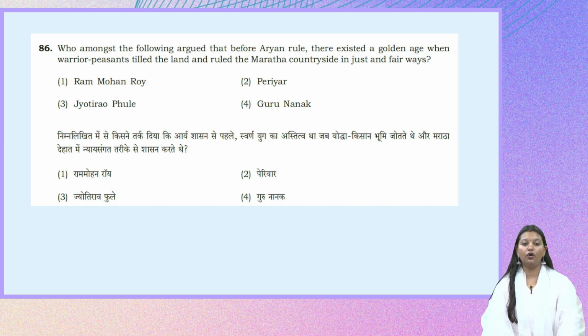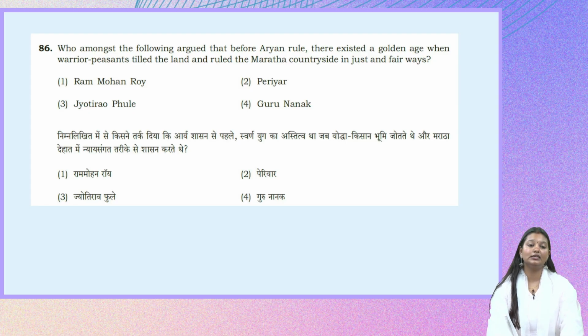Who amongst the following argued that before Aryan rule there existed a golden age, when warrior peasants tilled the land and ruled the Maratha countryside in just and fair ways? So, this particular statement or argument was given by whom is what they are asking. We have names of very many social reformers here: Raja Ram Mohan Roy, Periyar, Jyotirao Phule, and Guru Nanak.